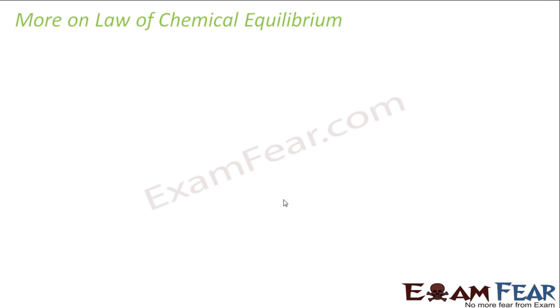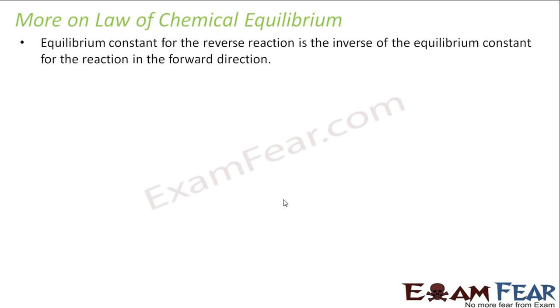We'll discuss something more about the law of chemical equilibrium. The equilibrium constant of the reverse reaction will be the inverse of the equilibrium constant of the forward reaction. Makes sense, right?